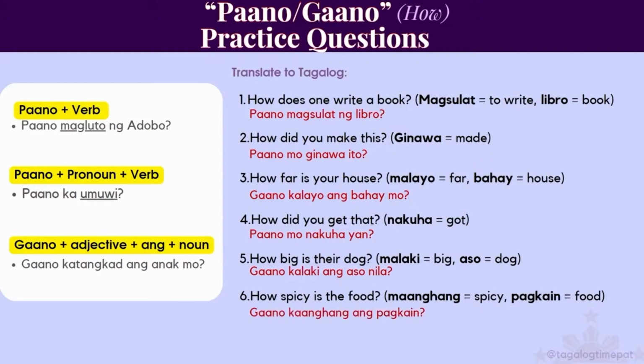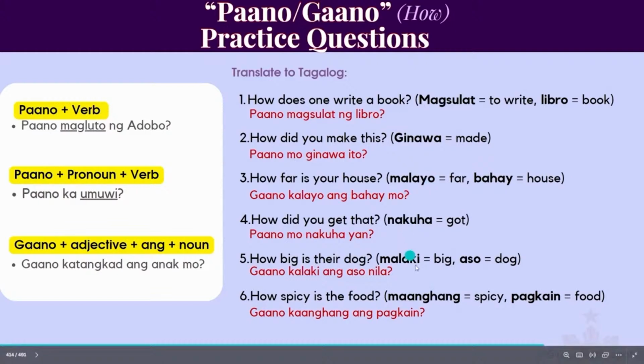And then number 6, how spicy is the food? Maanghang is spicy, pagkain is food. So it's asking about an adjective, the spiciness of it. So it would be gaano kaanghang ang pagkain. So in all of these examples, I gave you the adjective in the ma form, right?